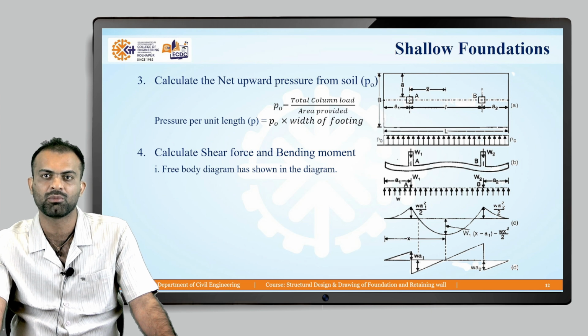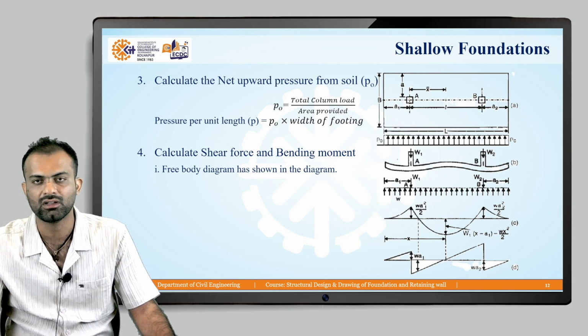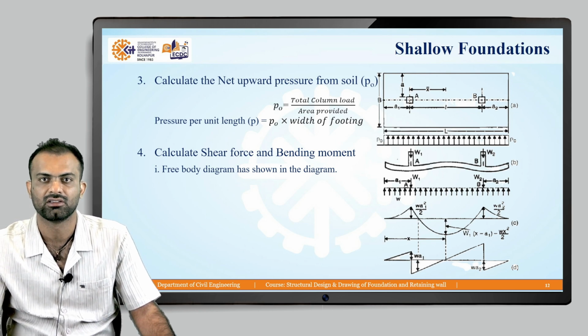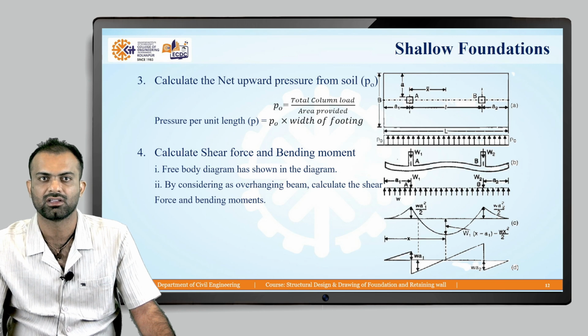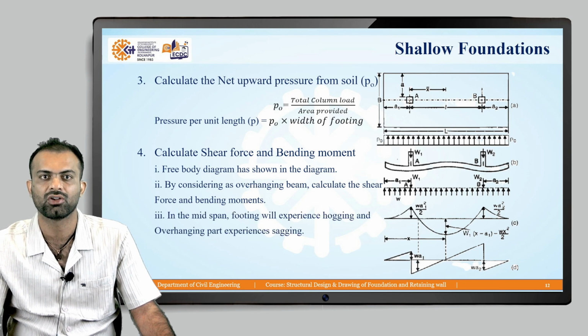Here this is a sagging moment, so we are going to place the reinforcement at the bottom layer of the foundation. Here it is the shear force profile. This shear force profile we are going to use in checking for one-way shear. So this is how we are going to calculate the shear force and bending moment diagram.